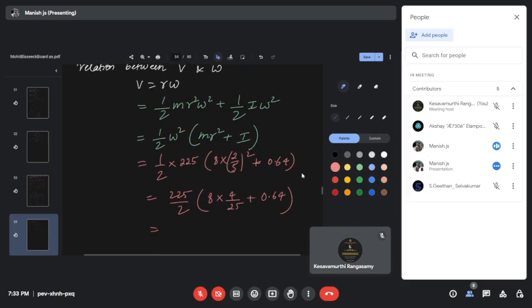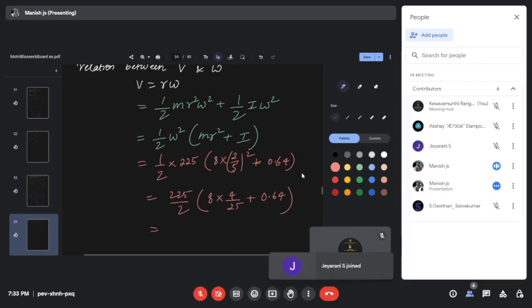So the one in brackets, can you just simplify and tell me what is the value that you're getting? 1.94? The one in the bracket? Yeah, somebody is telling 1.94.